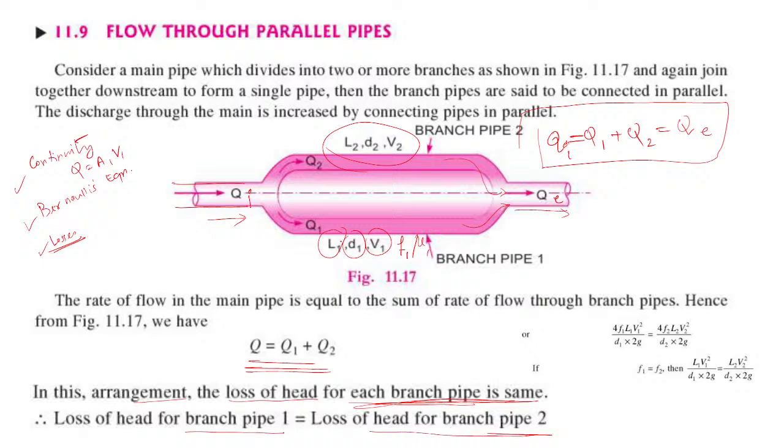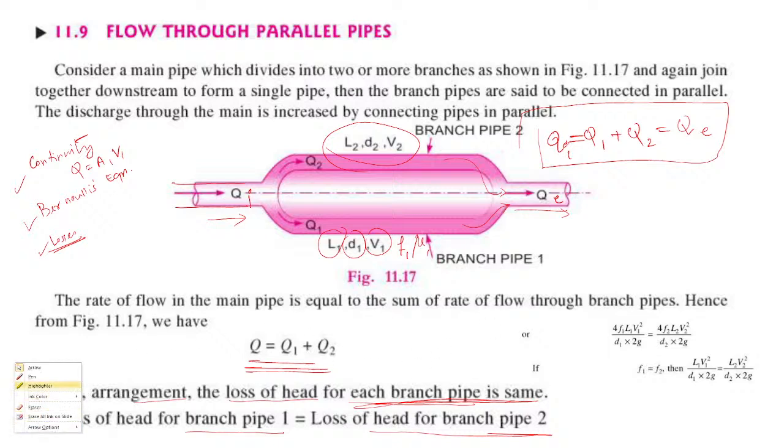Though their L1, D1, V1 and L2, D2, V2 are different, the total head losses are going to be the same. This is one of the key points in flow through parallel pipes.